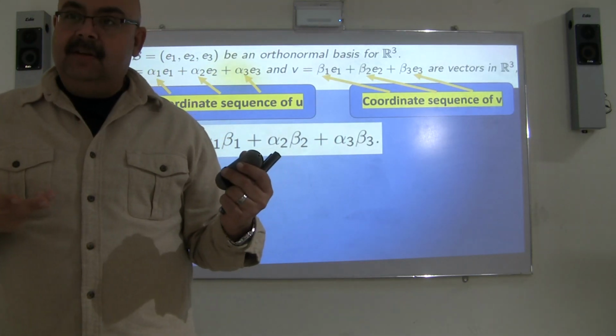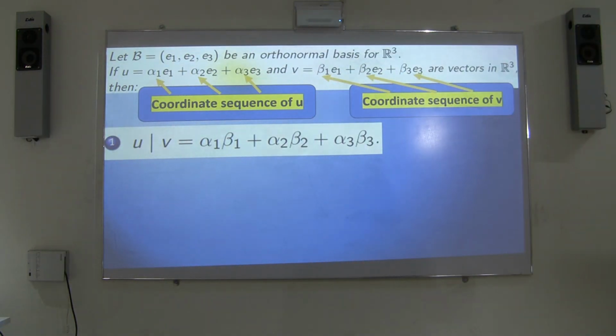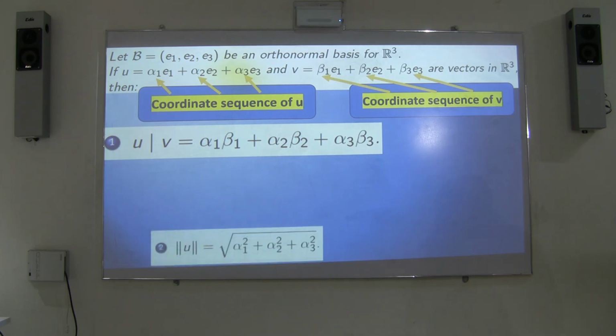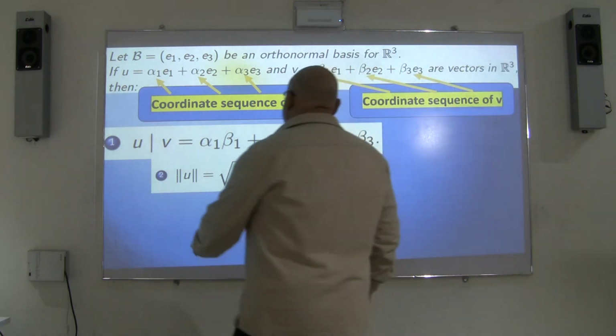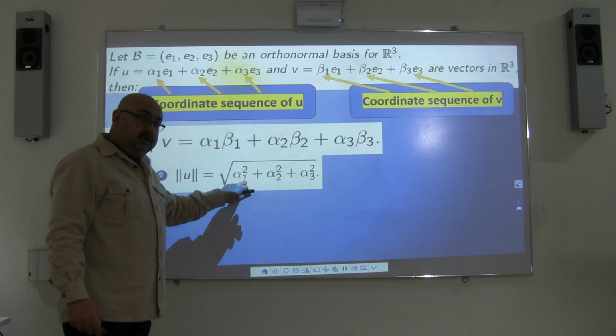Do I multiply them by E1, E2, E3? It's going to be exactly the same, because if you multiply E1 by itself, the result will be 1. Also, the magnitude of u is the square root of the sum of the squares of the coordinates.